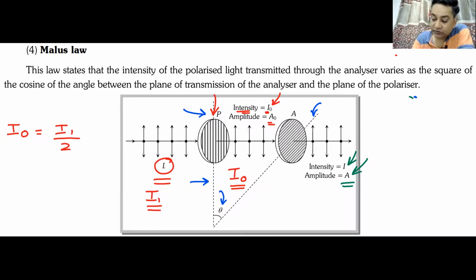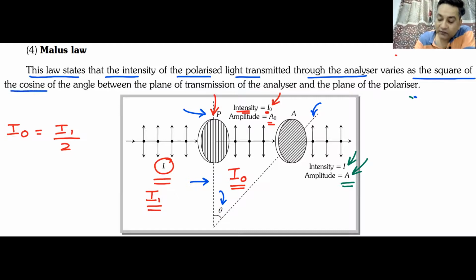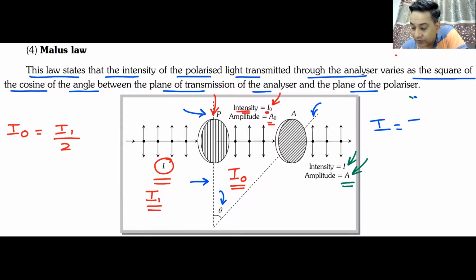What does this Malus law say? This law states that the intensity of the polarized light transmitted through the analyzer varies as the square of the cosine of the angle between the plane of transmission of the analyzer and the plane of the polarizer. So basically it is saying I, which is the intensity after the analyzer, will be equal to I naught into cos square theta.